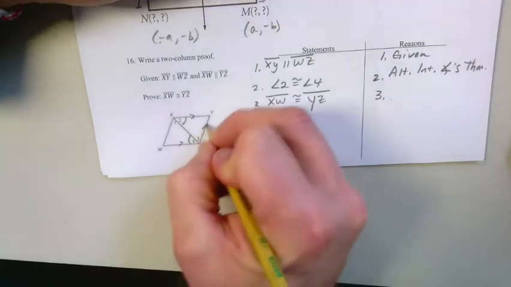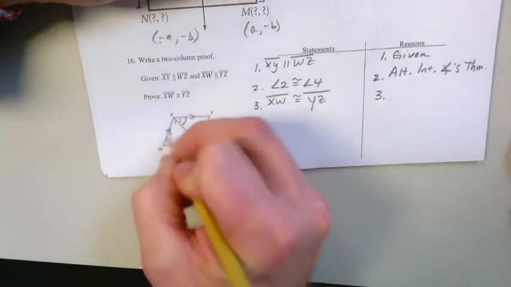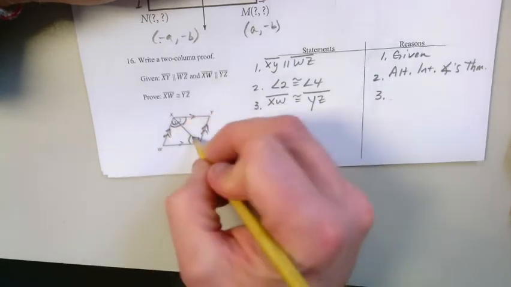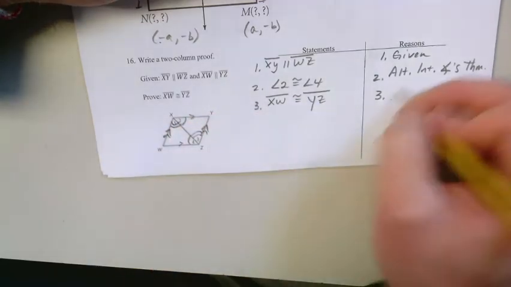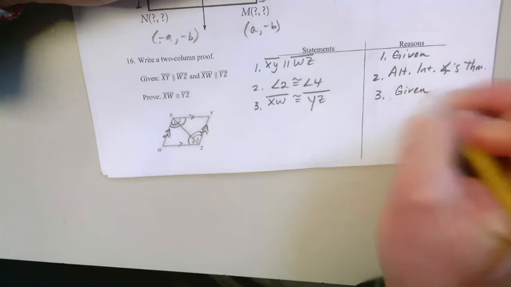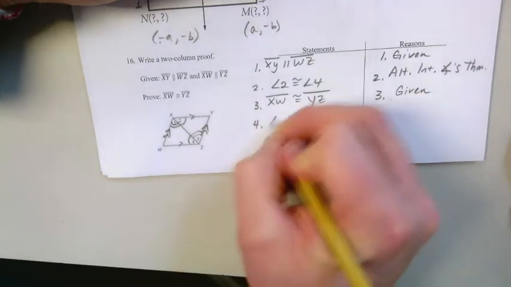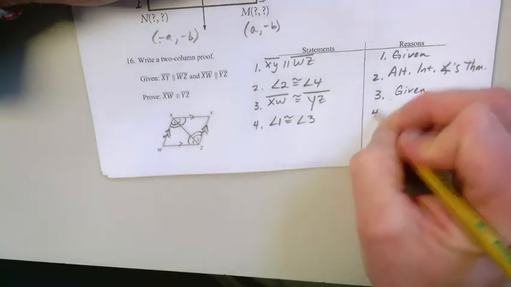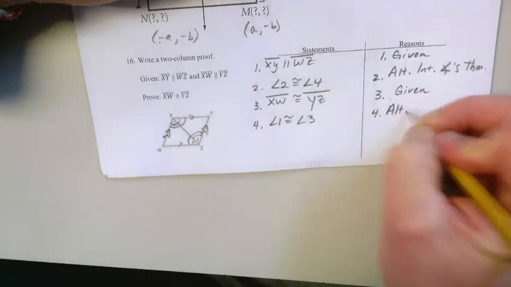So if I go ahead and do XW and YZ, well, they influence these other angles, 1 and 3. So, again, that was given. So for number 4, I'm going to say angle 1 has to be congruent to angle 3 by the same reason as number 2.